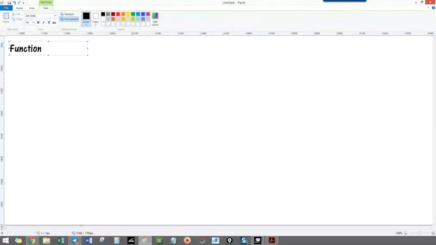Function 2. Oh, Shadowcodes Type 3. Function 2. I write like this.